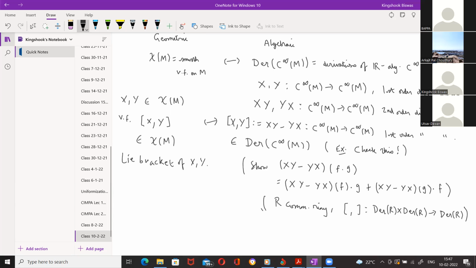That part is pure algebra. What I'm saying is, if you try and do it in coordinates, then you will see that the second order terms cancel because of equality of mixed partial derivatives. Is it okay now? Yes, sir.